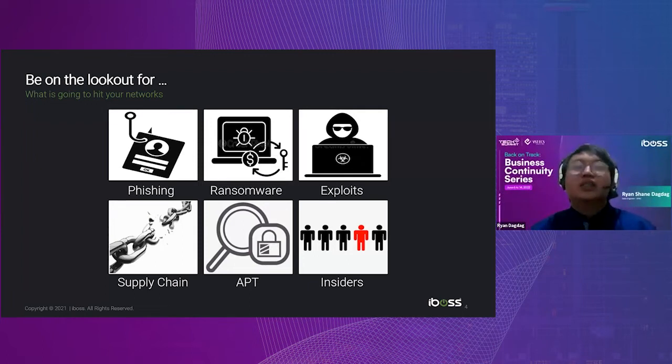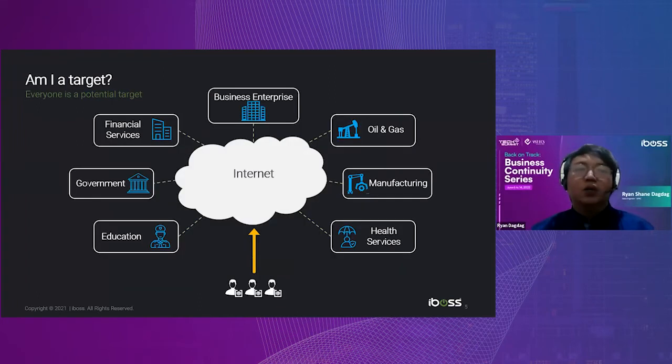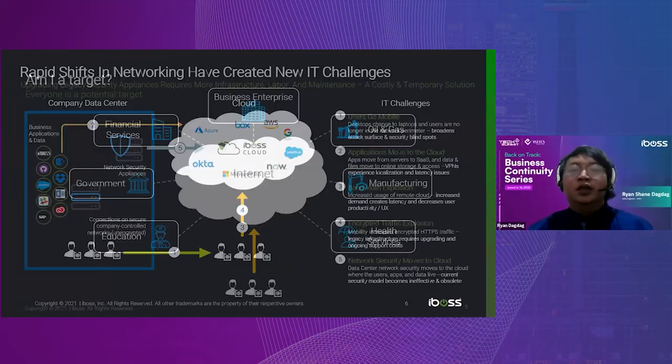So who are the targets of these cyber threats? Normally, we all know most of us are now into digital transformation. As the data traverses the internet, attackers can snoop on it. They can use social engineering to trick users into being redirected to their own website and steal sensitive information from those users. In conjunction with these threats, the challenges that most enterprises are now facing are the following.